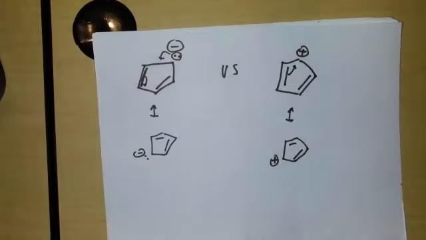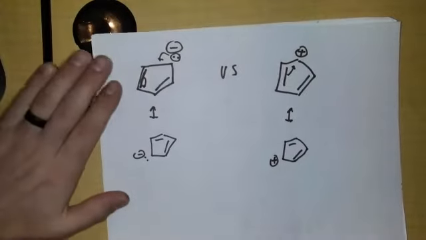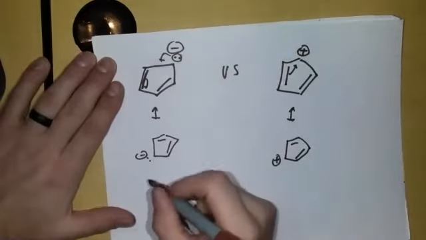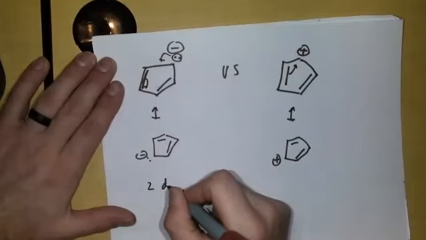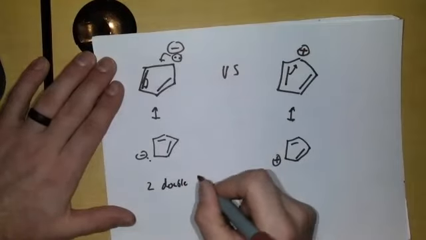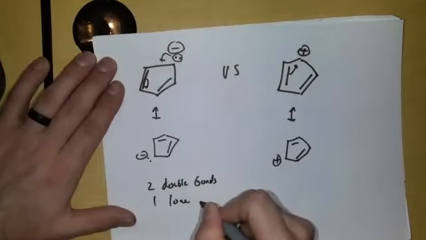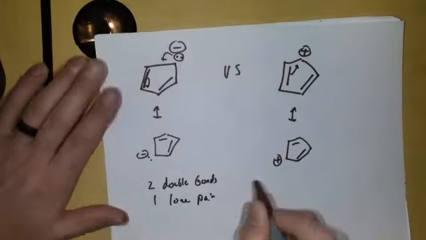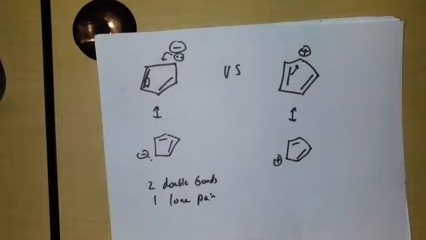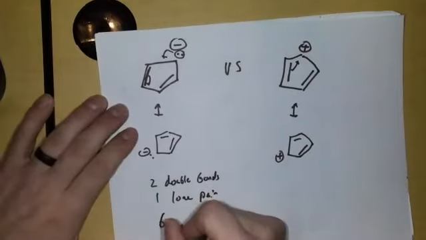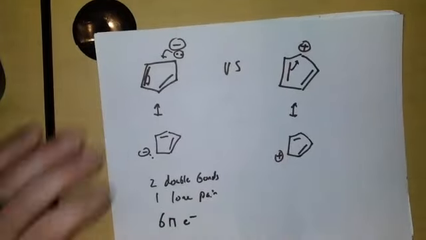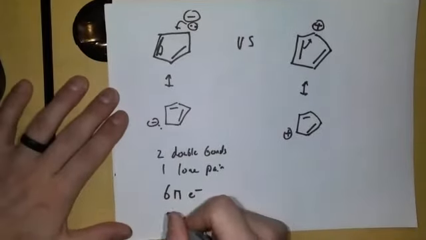So you have to look at how many pi electrons they have. This first one here, we have 2 double bonds and 1 lone pair. All of these are going to get multiplied by 2, so that'd be 4 plus 2, so it's a total of 6 pi electrons. And that's going to make this aromatic.